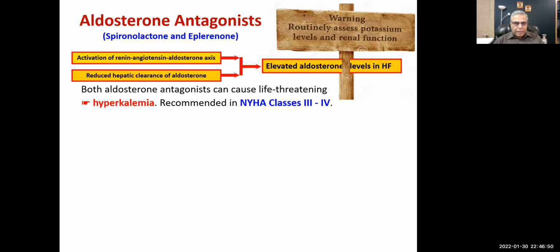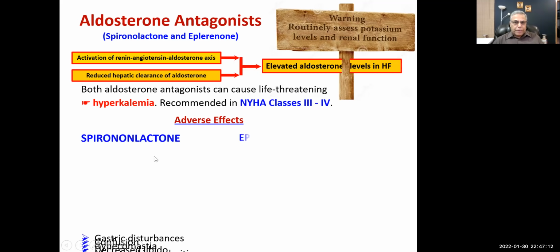When we come to diuretics, I'll explain that to you. And aldosterone causes excretion of potassium. It causes hypokalemia, right? So when you block aldosterone with these drugs, there could be hyperkalemia, and hyperkalemia is also not good for a failing heart.